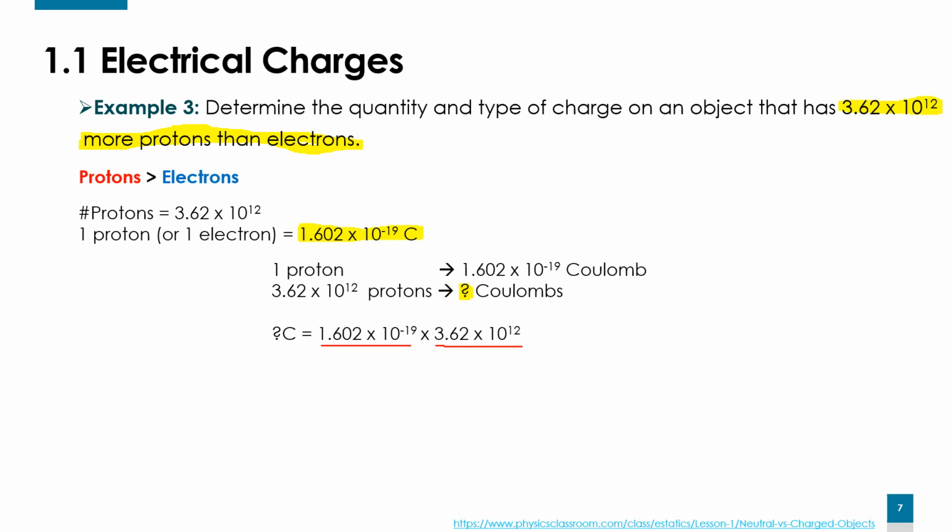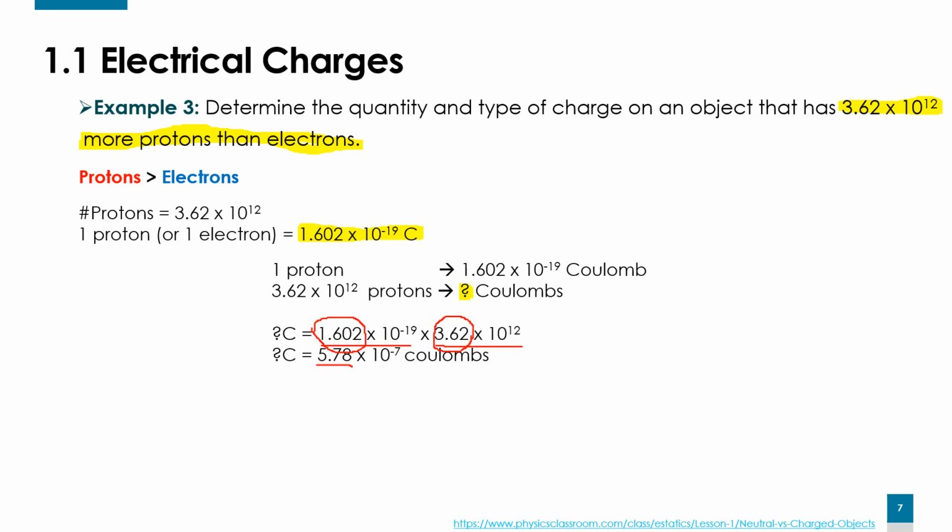So this is math now. Please calculate just 1.602 times 3.62 and get a number. And after, you just calculate the 10. So 1.602 times 3.62 is 5.78, right? Now, how do I calculate the 10?